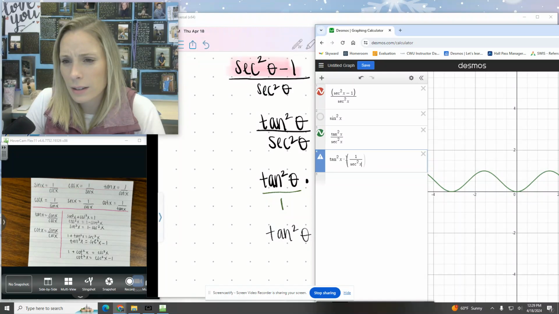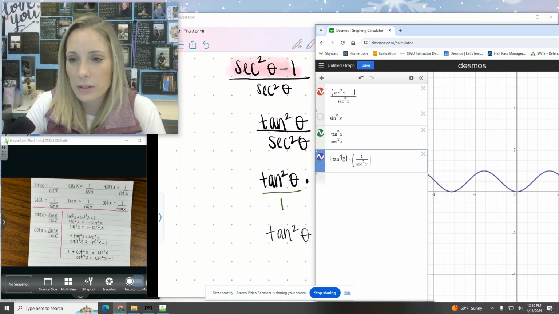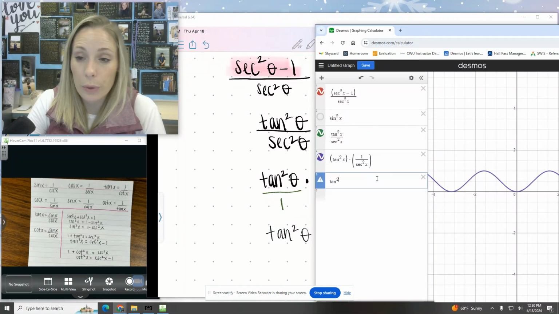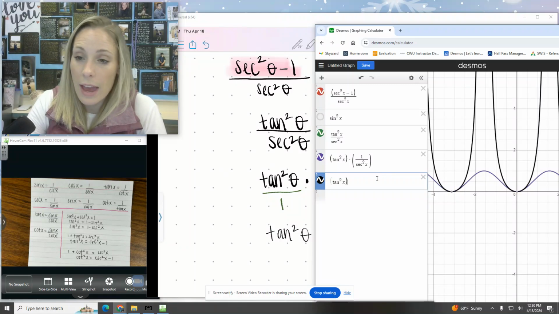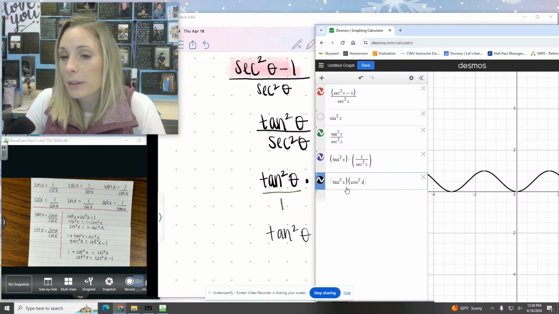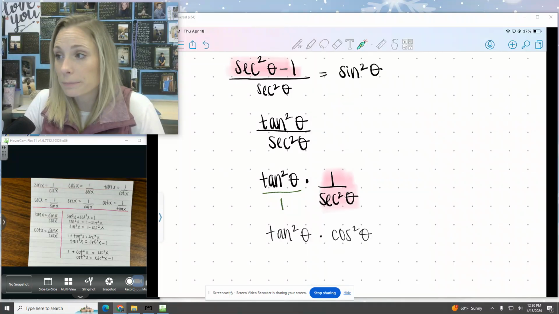You have to put parentheses around this. This is still overlapping. I didn't make an error there. So you could make Desmos show you every step of the way, am I doing this correctly? You do have to get comfortable with the way that Desmos wants you to type things in, but there we go. Every step of the way, I have not made an error yet.